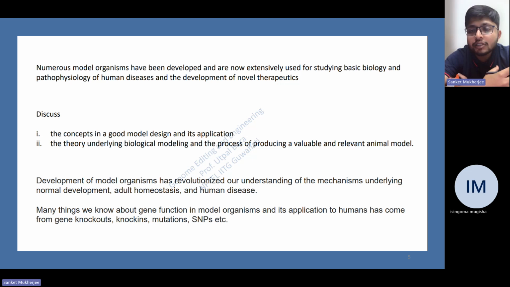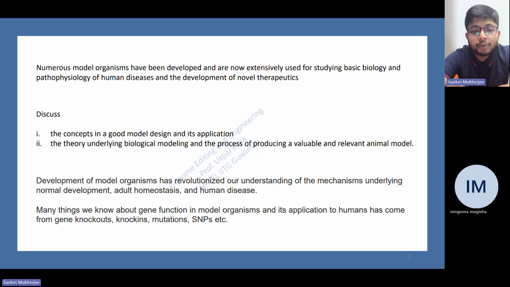So these animal models are expected to replicate the disease symptoms in humans. Development of model organisms has revolutionized our understanding of the mechanisms underlying normal development, adult homeostasis, and human disease.